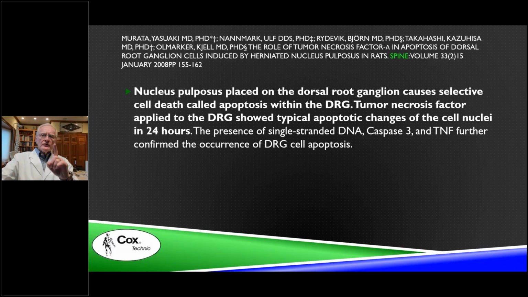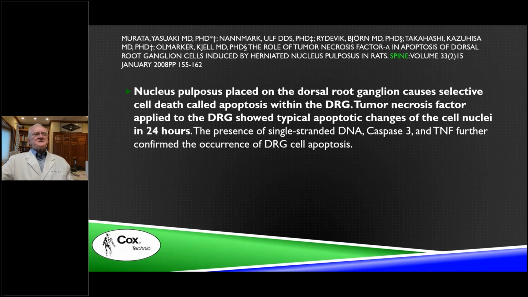If you take a dorsal root ganglion, get this, doctor, and put nucleus pulposus tissue on it, what happens? It causes selective cell death, causes apoptosis within the DRG. Tumor necrosis factor put on the DRG shows these changes within the nuclei within 24 hours.